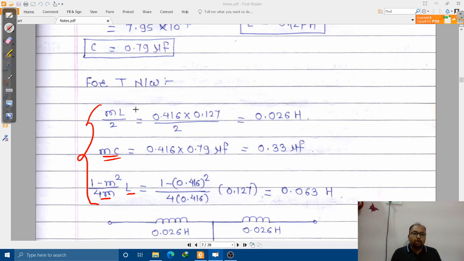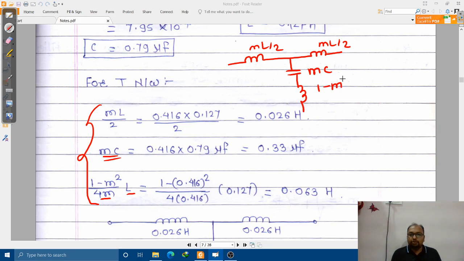So I hope you still remember that the series arm is consisting of ML by 2, and this is also ML by 2. This is nothing but a capacitor. Capacitor is having M into C. Then the inductor is having the value as (1 minus M square) divided by 4M into L. So now we have to perform the calculations.